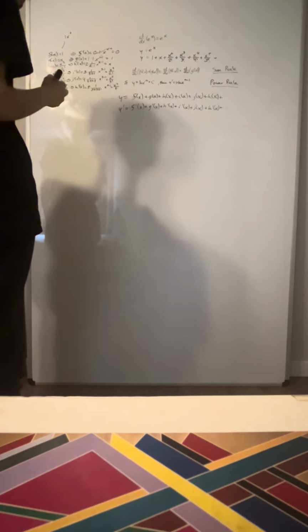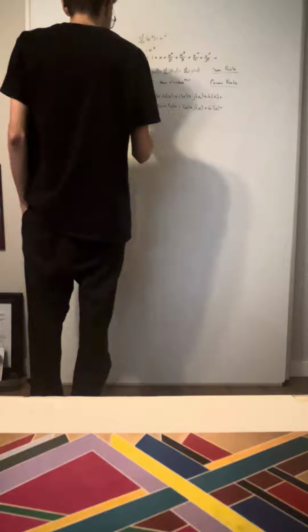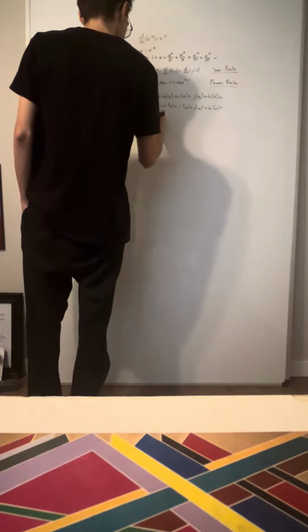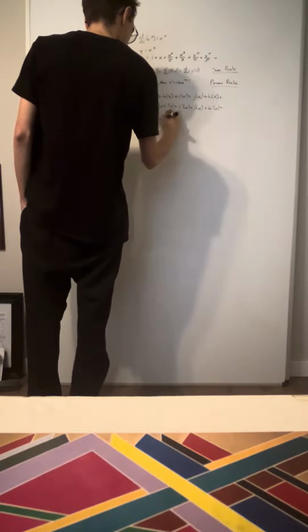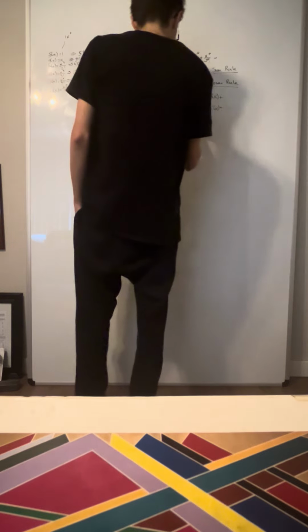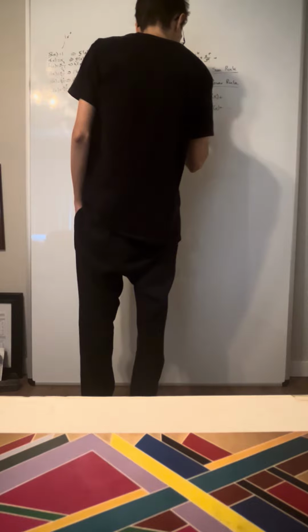So now if we plug all this back in, we're going to get that y prime is going to equal 0 plus 1 plus x squared over 2 factorial plus x cubed over 3 factorial plus x to the 4th over 4 factorial, continuing on.